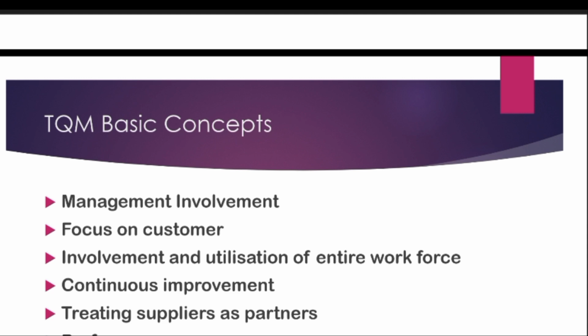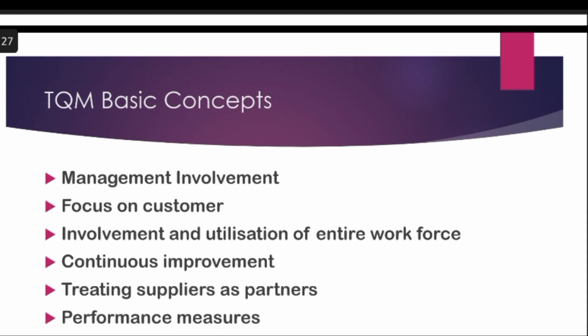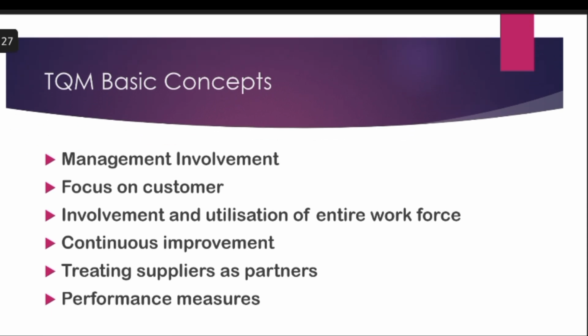So everyone should be treated as a partner. And the last one is performance measures. After including all the above concepts, we have to measure the performance of the individuals towards continuous improvement by applying TQM.